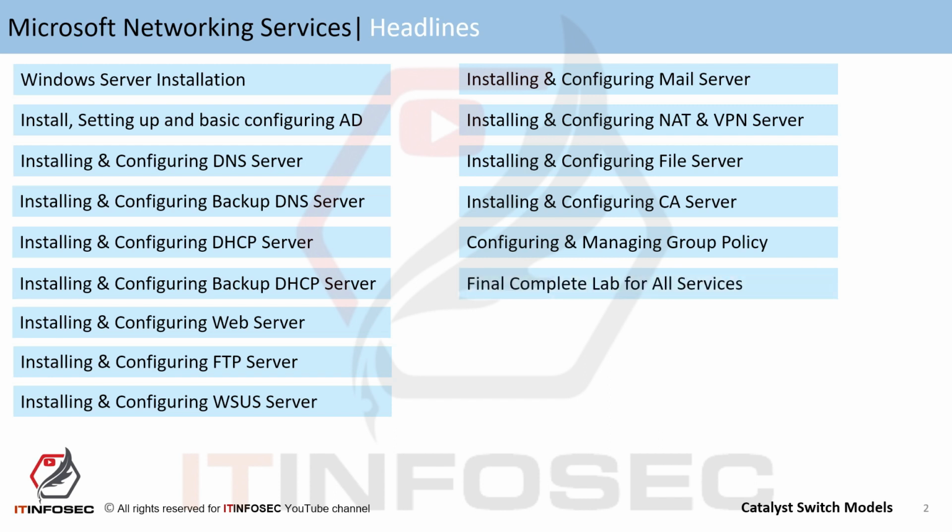And finally, at the end of this course, after we have learned all of these configurations and installations, we will put them all together comprehensively in one complete lab, running all services and working with all of them together. And we will end this course more completely, more practically, and we will learn more and more items.